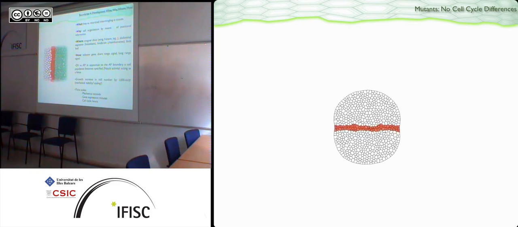Things that we can do also to compare with experiments is what is called the laser ablation experiment. This is something that is now very trendy, very fashionable. So what they do is that they have this cell. Remember that most of the mechanical activity is here in the apical part, and what they do is that they focus a laser on one of the edges of the cells.